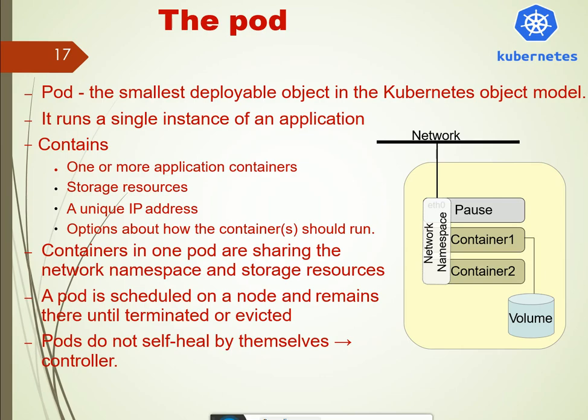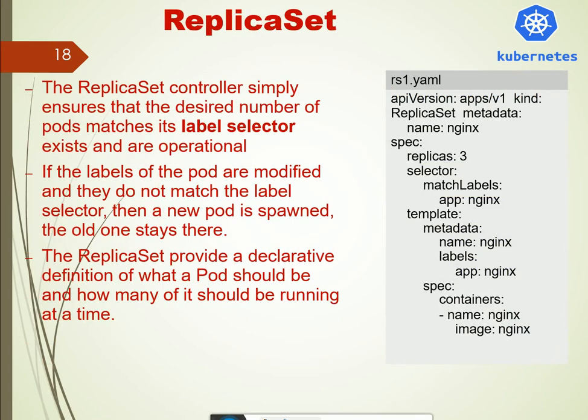Now move to the next thing. Replica set. The replica set controller simply ensures that the desired number of pods matching its label selector exist and are operational.